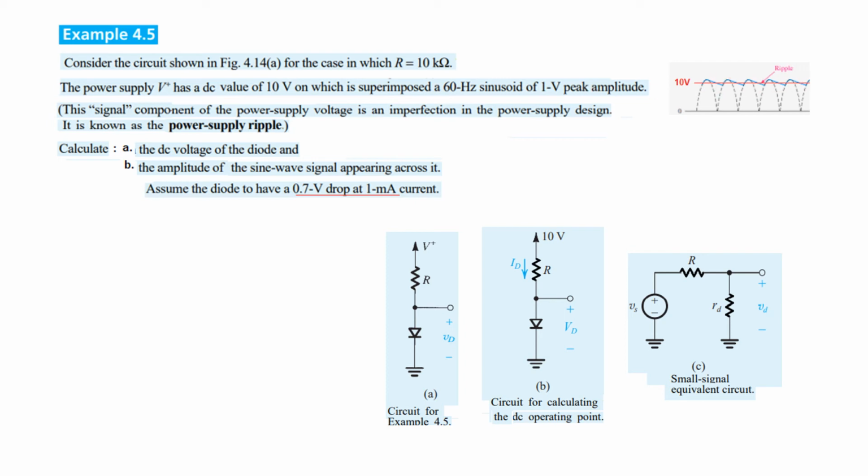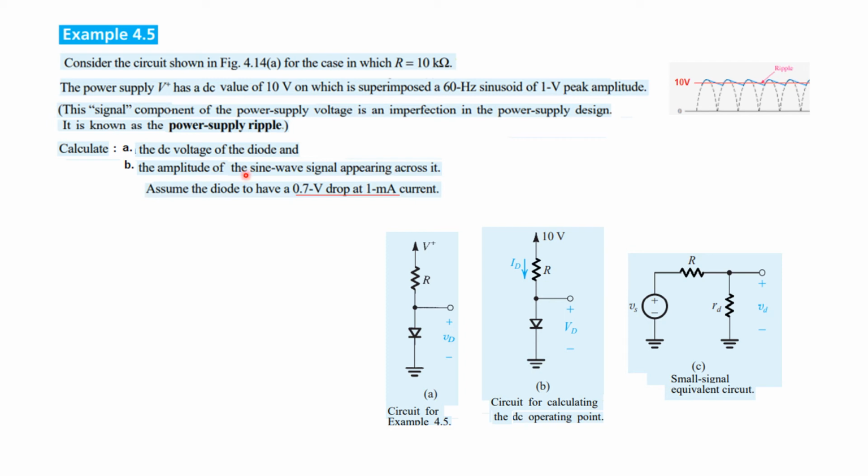So it is 10 volt DC plus this ripple. The signal component of the power supply voltage is an imperfection of the power supply design, and it is known as power ripple. Now what we have to do is calculate the DC voltage of the diode and the amplitude of the sine wave signal appearing across it.